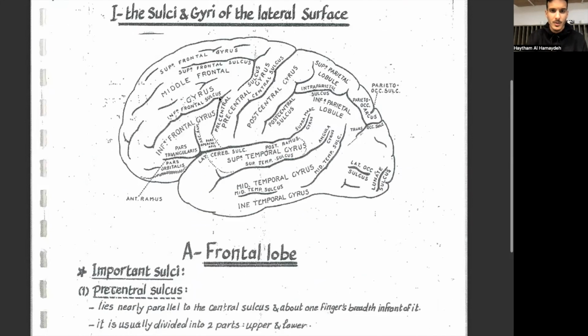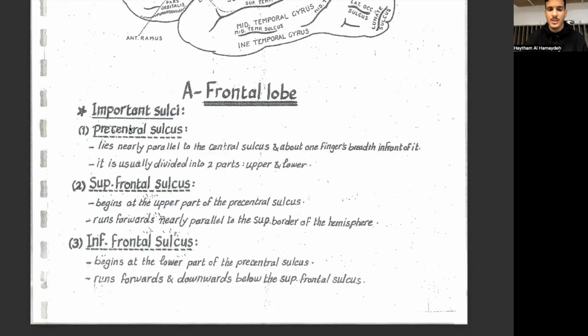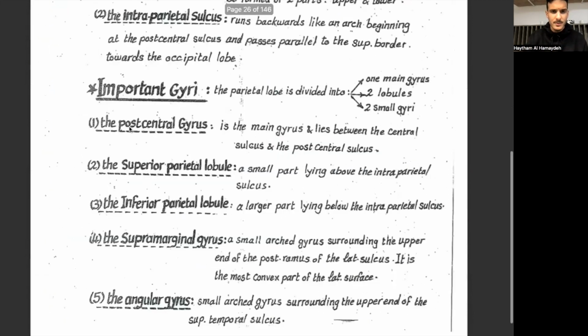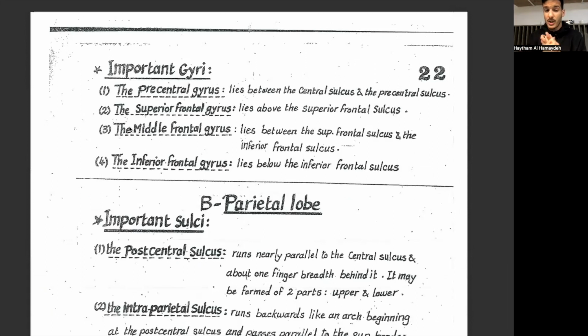Right here, inferior frontal sulcus. Now we're going to dive into gyri. But remember, the most important sulci: precentral sulcus, superior frontal sulcus, inferior frontal sulcus. The important gyri, of course, are the precentral gyrus, superior frontal gyrus, middle frontal gyrus, and inferior frontal gyrus.